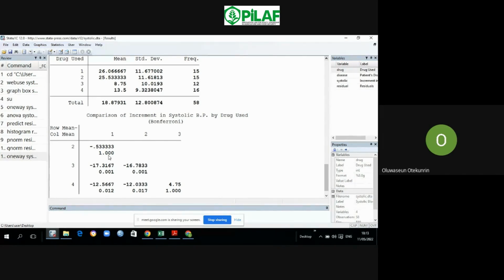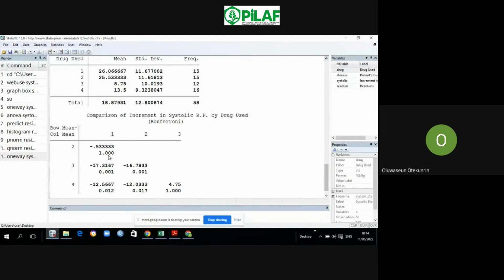It means that drug 3, on the average, has a lower mean score compared to drug 2, and that result is statistically significant. That means drugs 1 and 2 will give you higher mean values compared to drug 3.